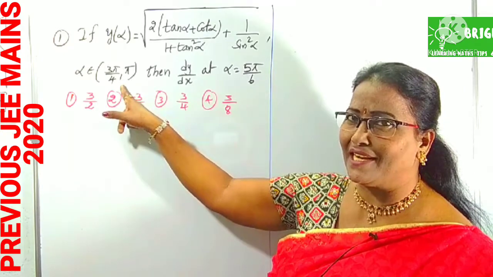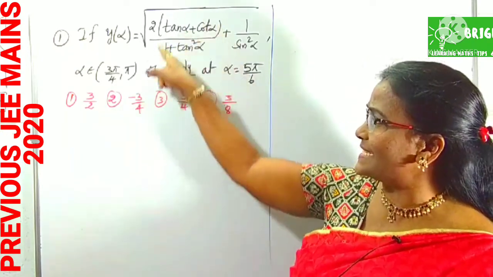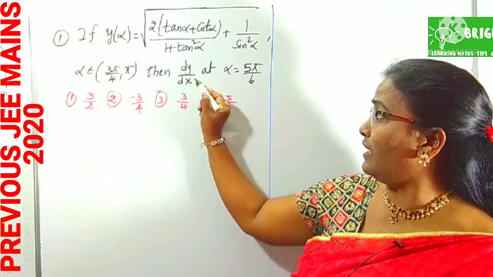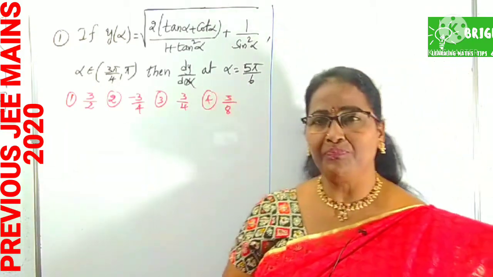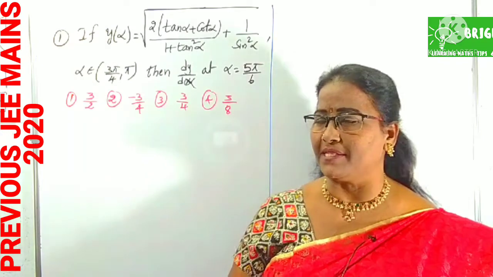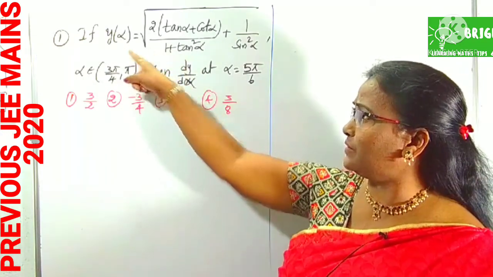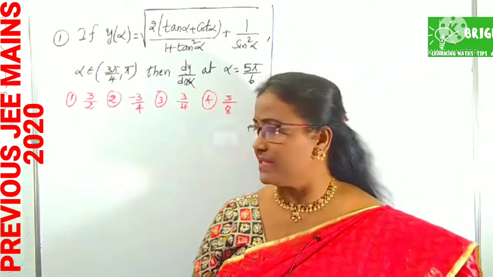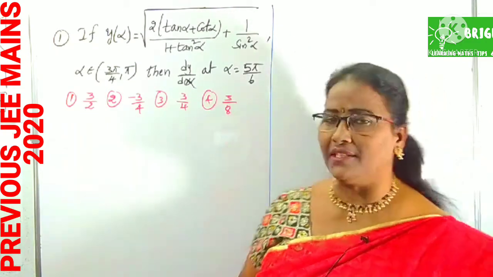We have to find its derivative dy by d alpha at alpha equals 5 pi by 6. The options are also given here.